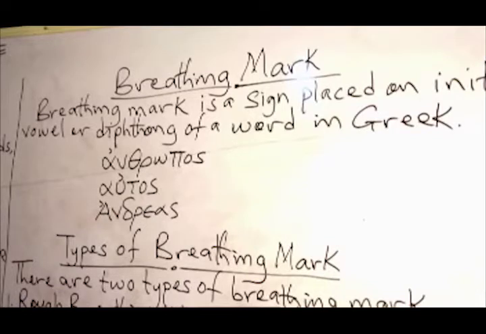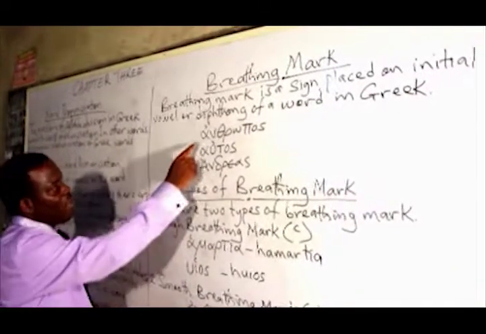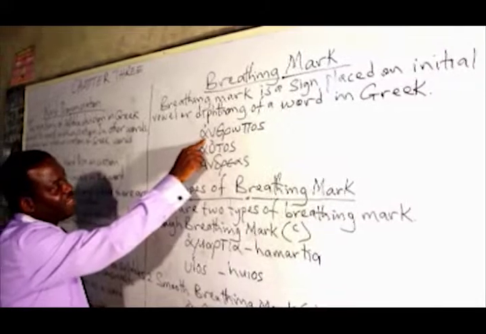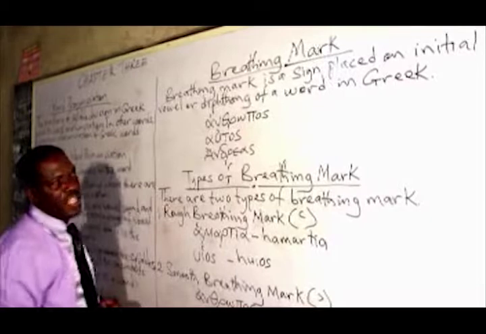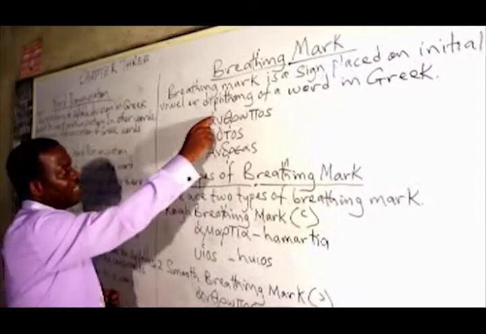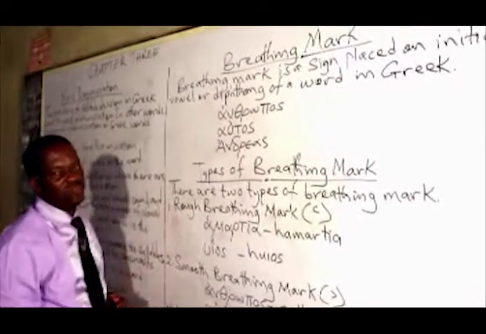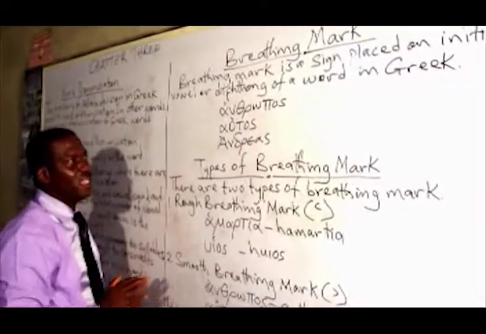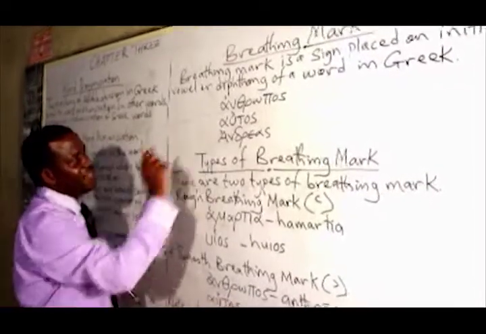The breathing mark can be on the first vowel letter. Here we have alpha as the first vowel letter in this word, and as a result, the breathing mark is on top. This breathing mark is part of this word. If it's not there, the word is not complete. Then the breathing mark can be on a diphthong.